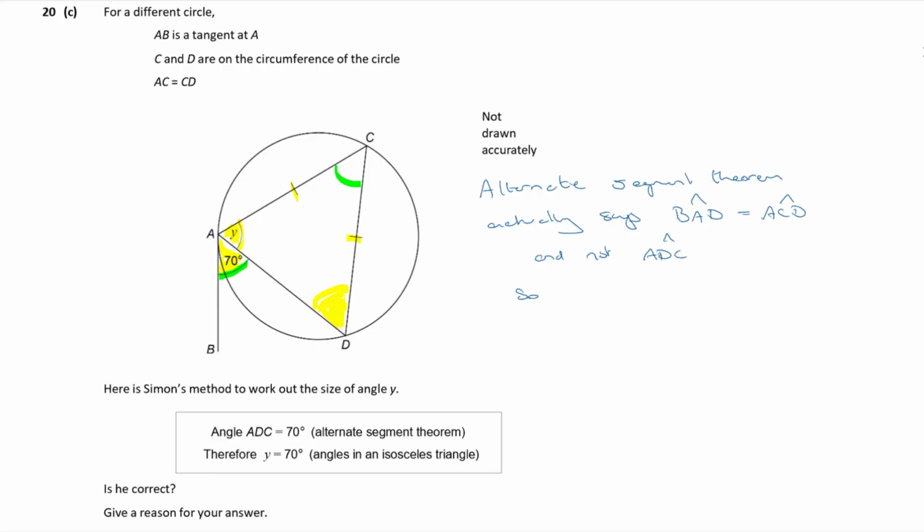So if that one up there is 70, what would Y then be? If that one up there is 70, then you've got 110 degrees to share out between those two at the bottom of my isosceles triangle. So that would make Y equal 55 and not 70, wouldn't it? But yeah, Simon's just picked the wrong angle. It needs to be subtended from the same chord. So tangent, line drawn at the point of contact, then it's got to be subtended off of that chord. That's what the alternate segment theorem states, not that one down there.